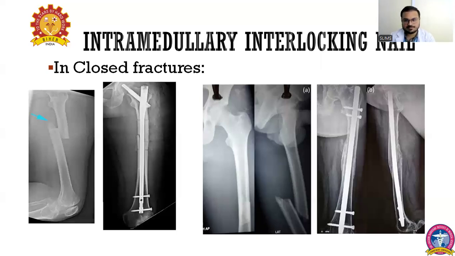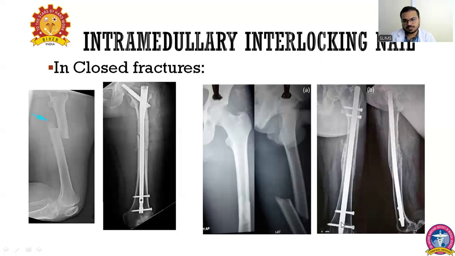In the lateral view, you can clearly see that the fracture is displaced and healing.